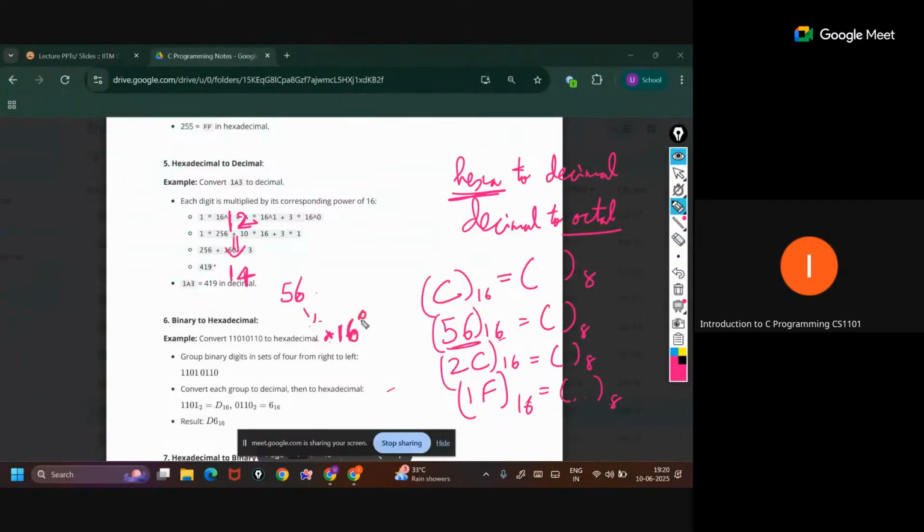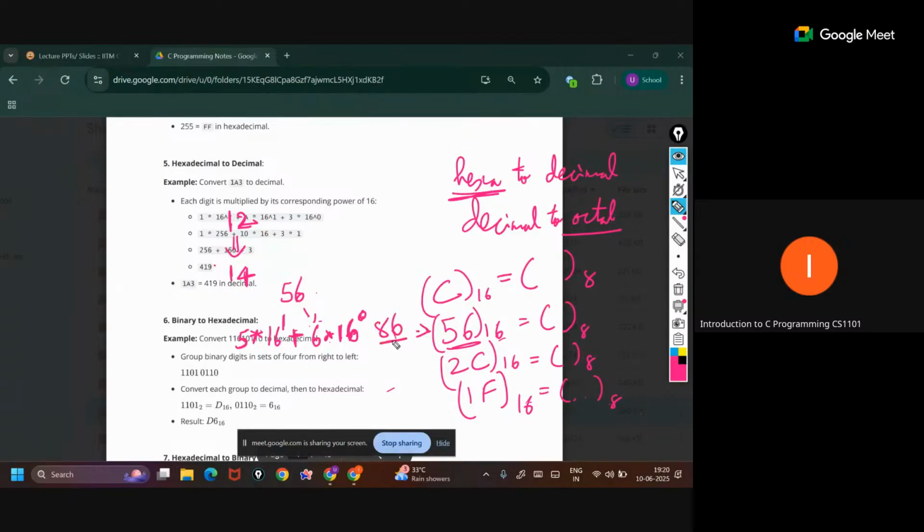What is 16 power 0? It is 1, so 6. And 5 into 16 power 1, which is 80. 80 plus 6 will get it as 86, right? So that will be the value for this one.